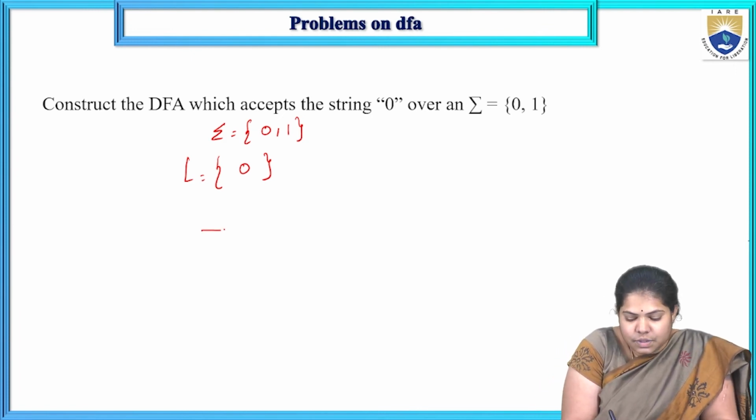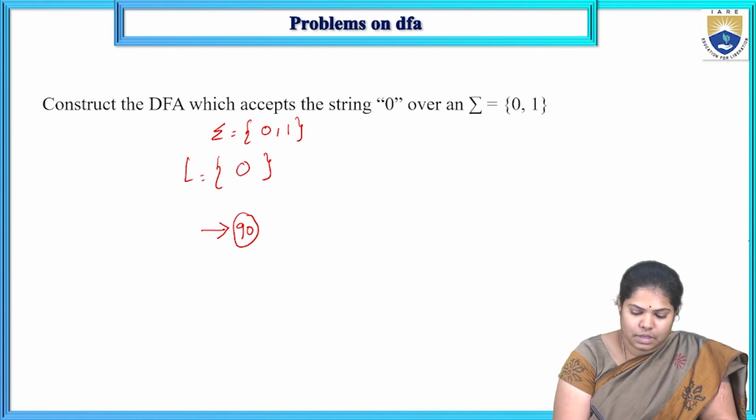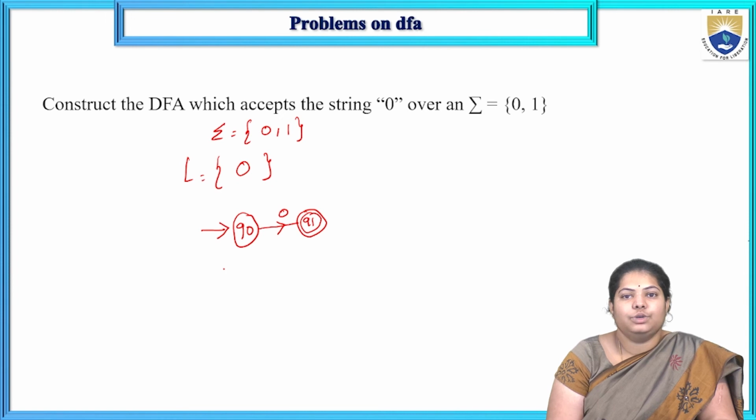I start with Q naught, as I have told you how to make the 0 or an epsilon string accepted. For string 0, I start with Q naught. On seeing 0, I reach the final state Q1. So I should execute only one single string, that is 0. In a DFA, Q naught should also contain an input transition for 1.